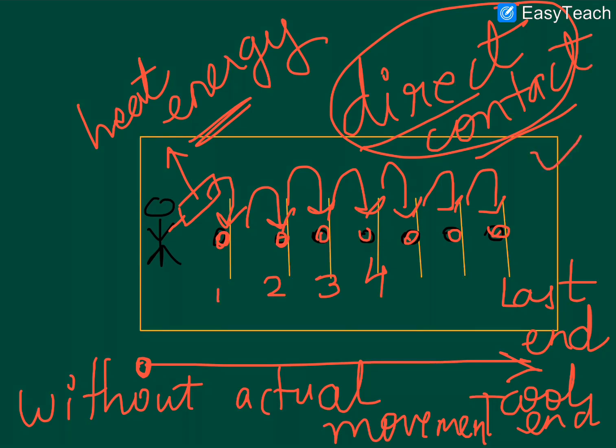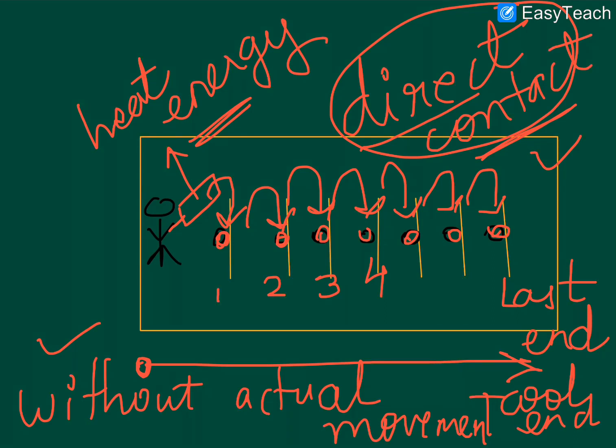They also do not actually move or get up from their places. Can you guess in which state of matter such an arrangement is found, where the molecules are in direct contact and closely packed? Rightly said. It happens only in solids.